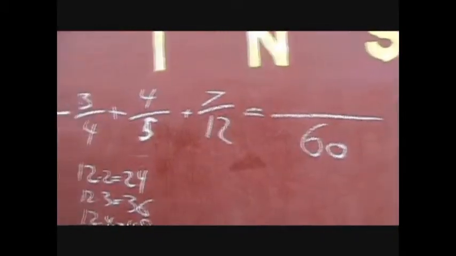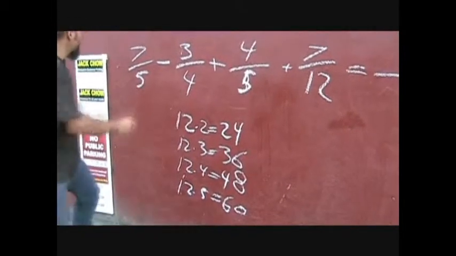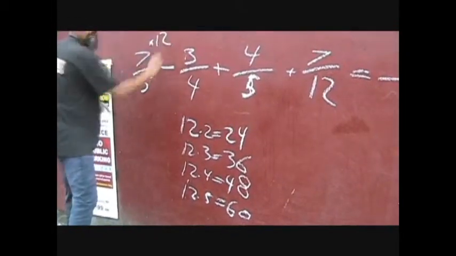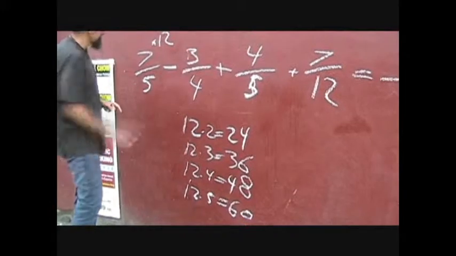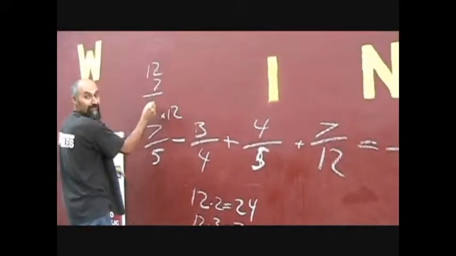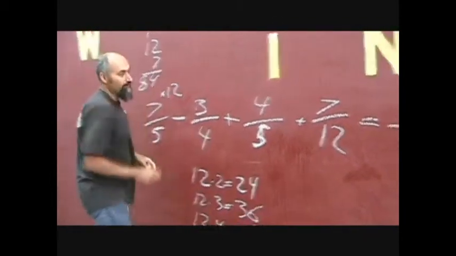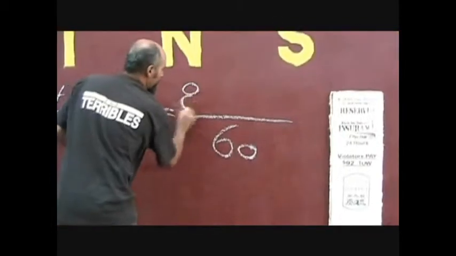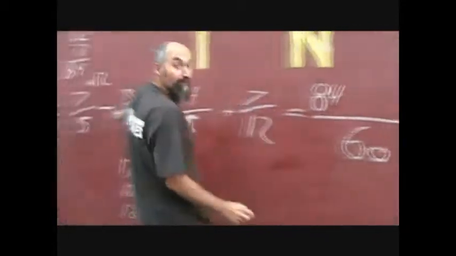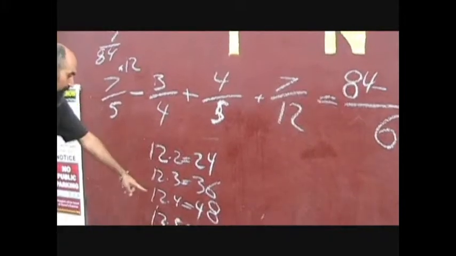Now, what did you multiply 5 by to give you 60? You multiplied it by 12. So you multiply 7 by 12. Let's do this by hand. 7 times 12, 2 times 7 is 14. 1, 7, 8. 84. Then you got minus. What did you multiply 4 by to give you 60?